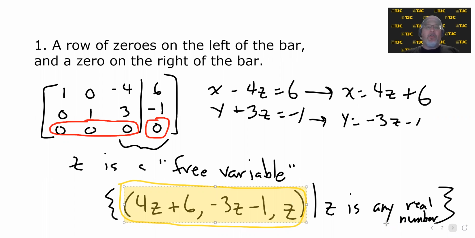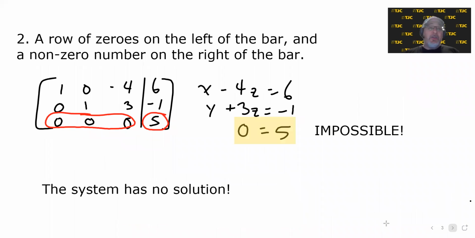And the other thing that can go wrong, and this is a quicker conclusion, is if a whole row is zeroed out on the left side of the bar, but not on the right side of the bar. If this happens, then you get an impossible equation, an equation with no solution, and therefore the system has no solution.